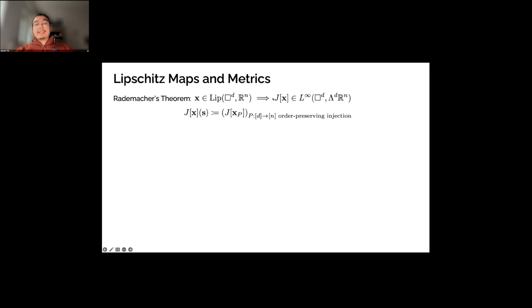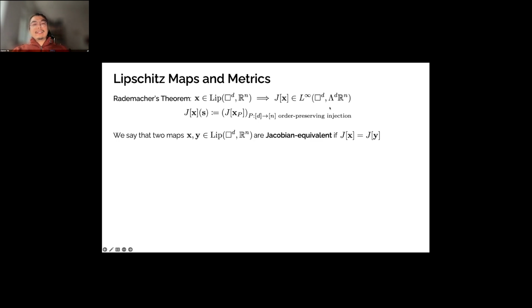This means that the collection of Jacobian minors, which I'll call J of X, can be thought of as an L infinity function from the D cube into the Dth exterior algebra of Rn.